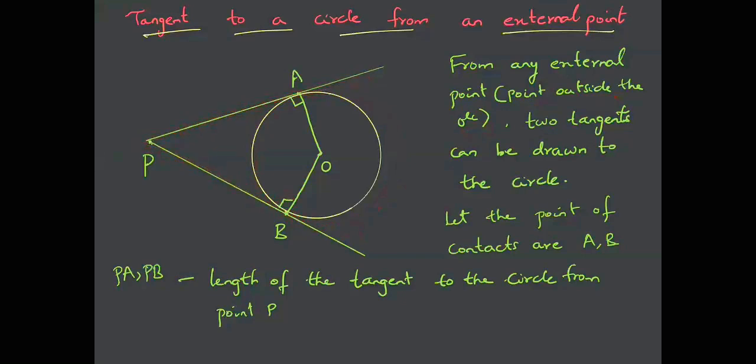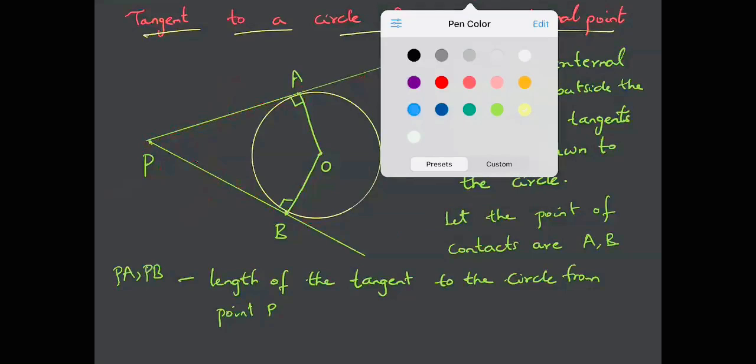Let us say PA and PB are the tangents from external point P. A and B are the points of contact here. So clearly OA will be perpendicular to the tangent and OB will also be perpendicular to the tangent. This PA is called the length of the tangent and this PB is also called the length of the tangent.